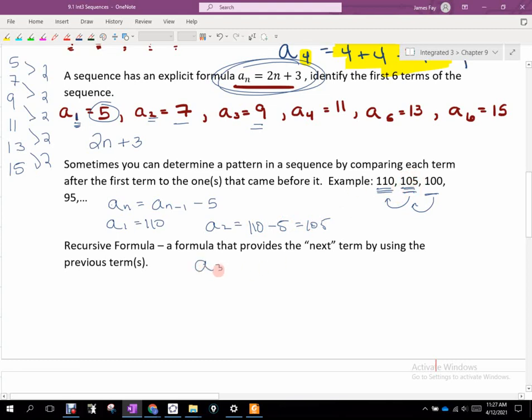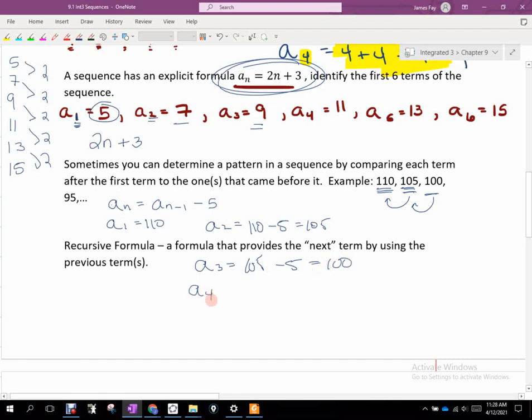If I go a sub 3, the third term in the list, it's going to be a sub n minus 1, so that's the second term in the list, minus 5. And the second term in the list is 105. We already found it. So I go 105 minus 5 gives me 100, correct?